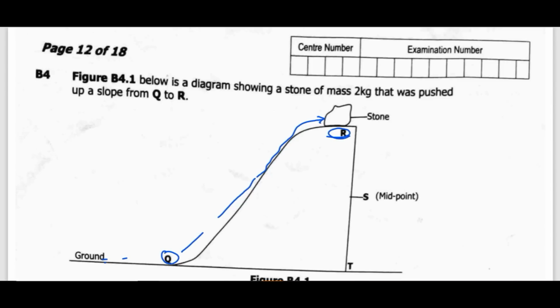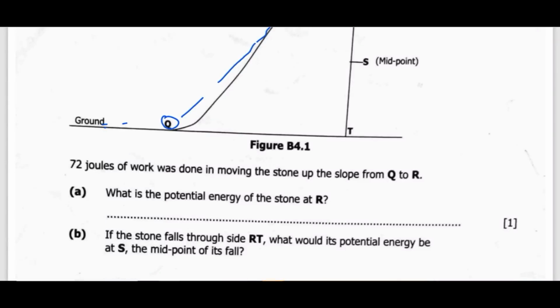To find this is very simple. Because they've given us some information, 72 joules of work was used to push the stone up to the top.